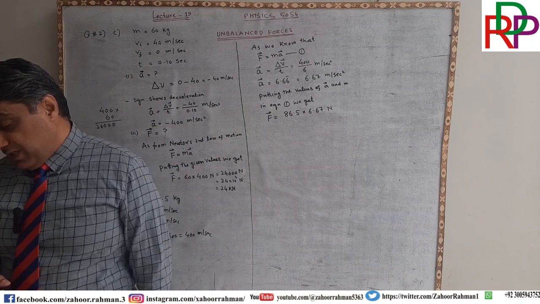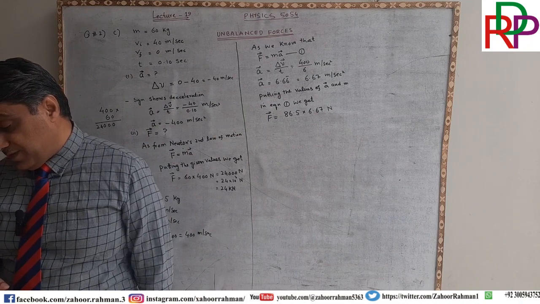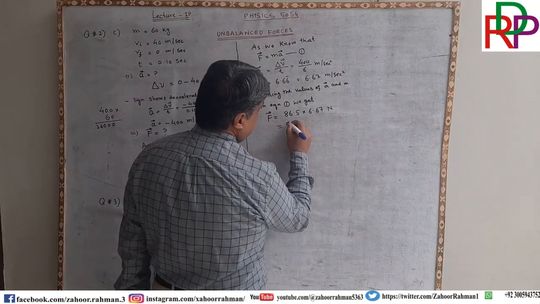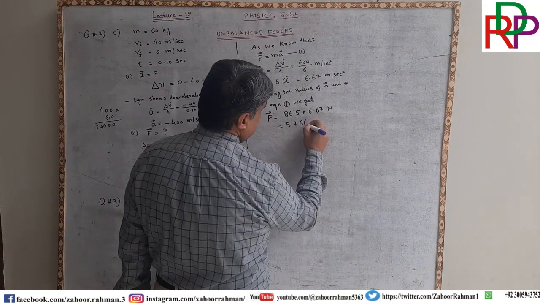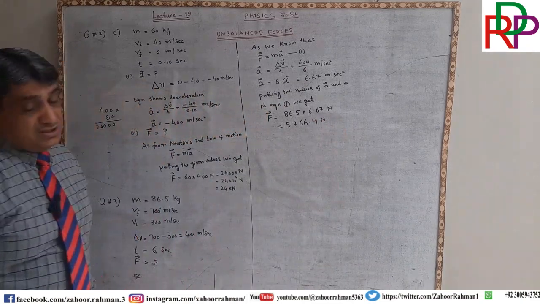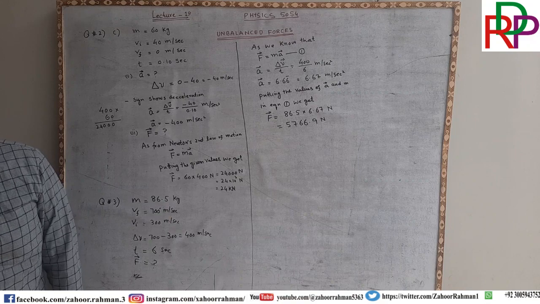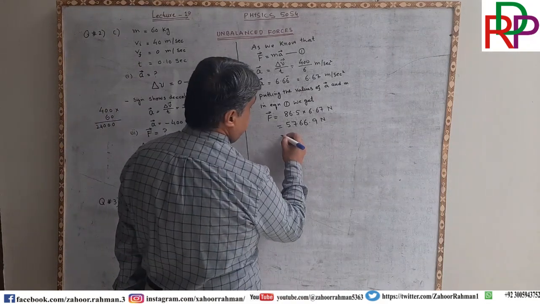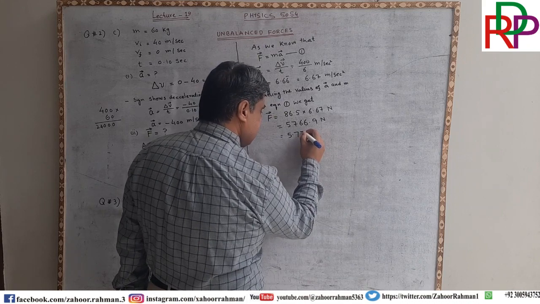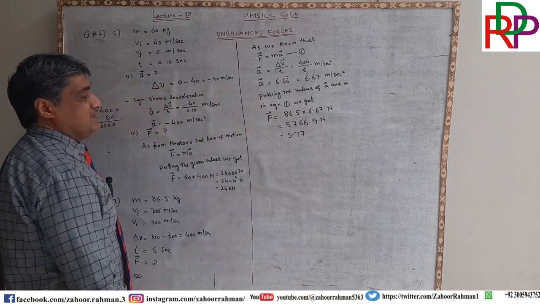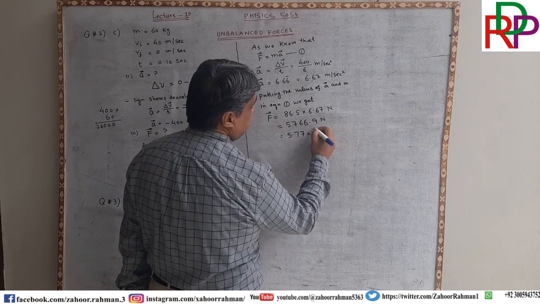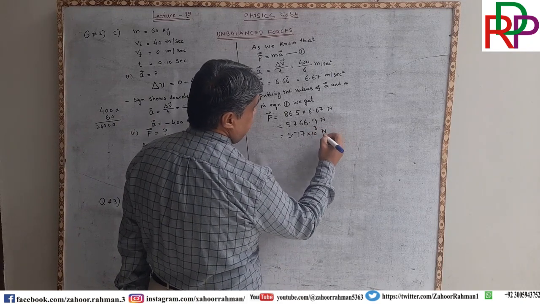I calculated it as 5766.9 Newton. So we can write it as 5.77, I should write, and into 10 raised to the power 3 Newton.